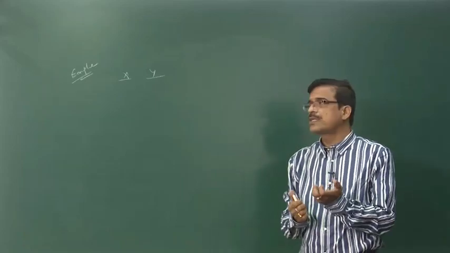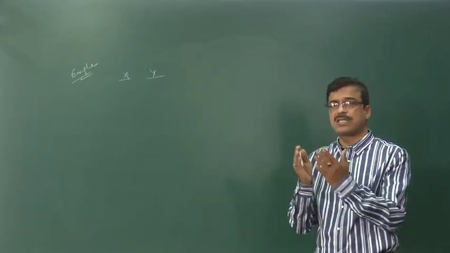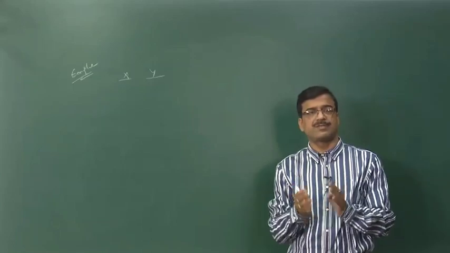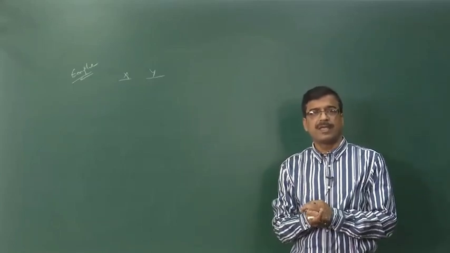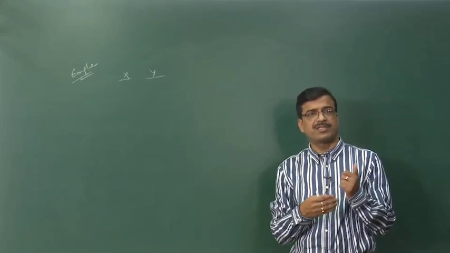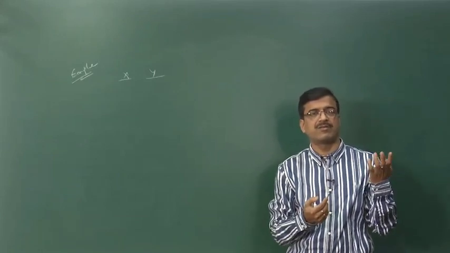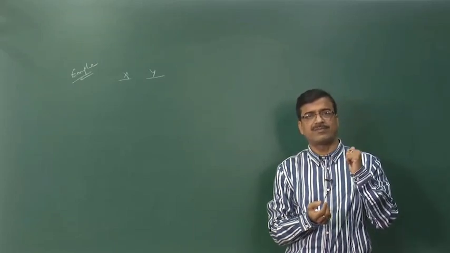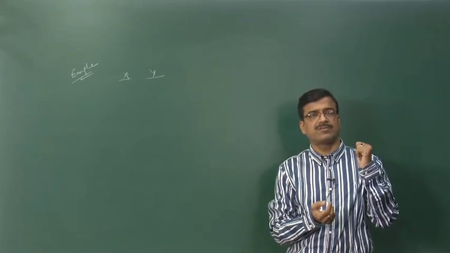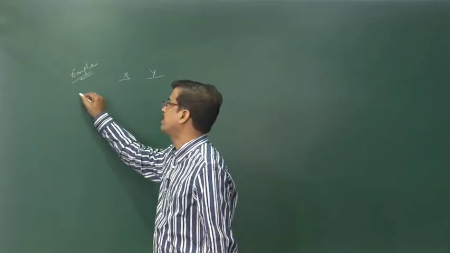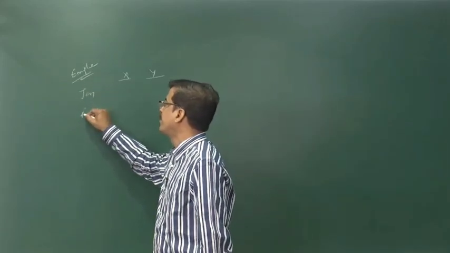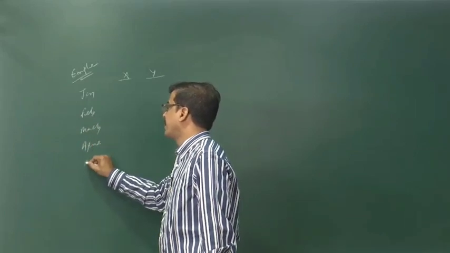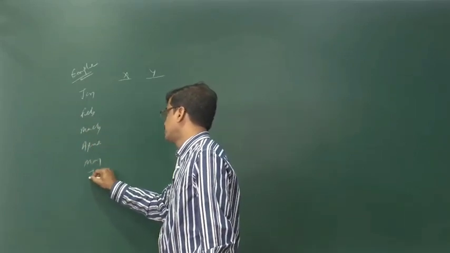X may be the sales of X company, and Y is the sales figure of Y company in different months. Let us take the 6 months sales, and write down the 6 months: January, February, March, April, May and June.